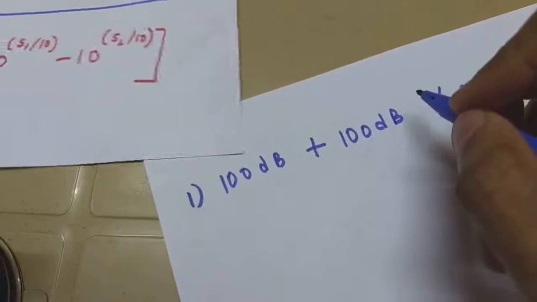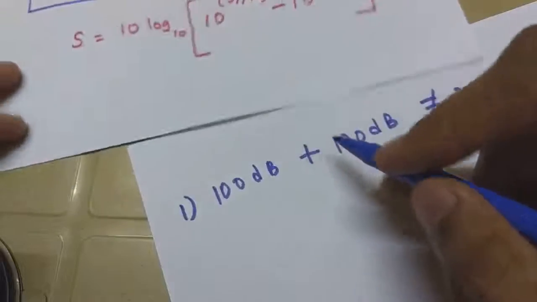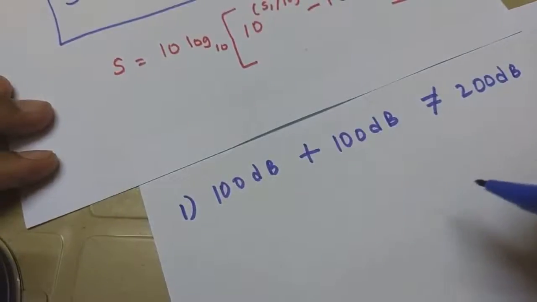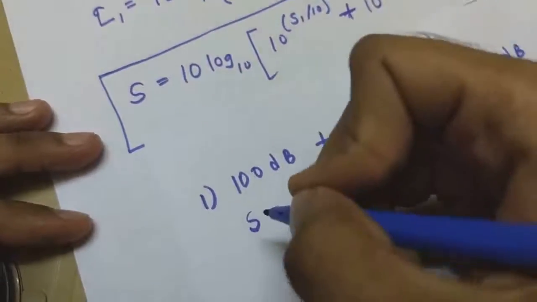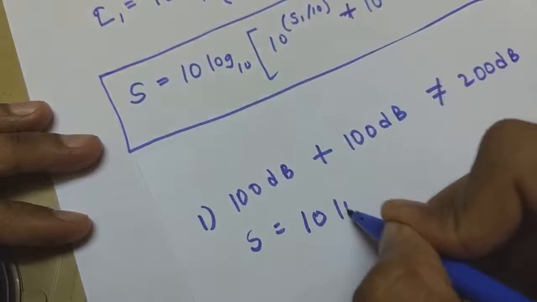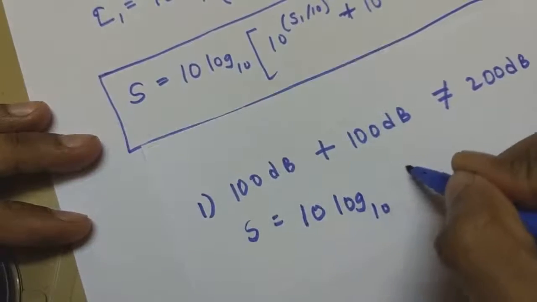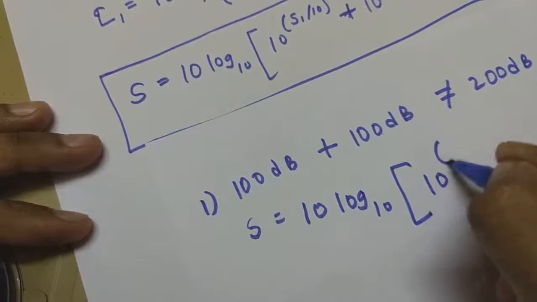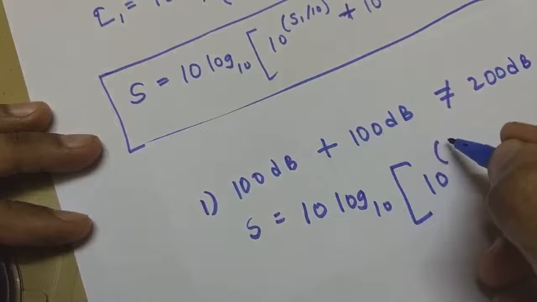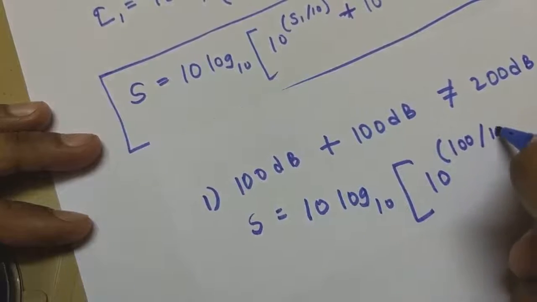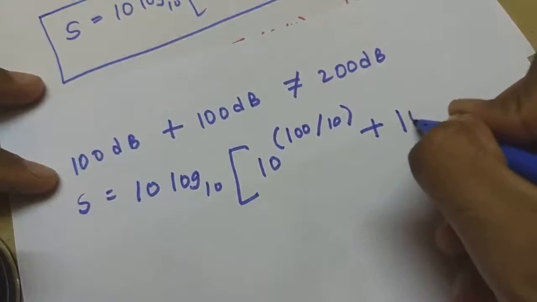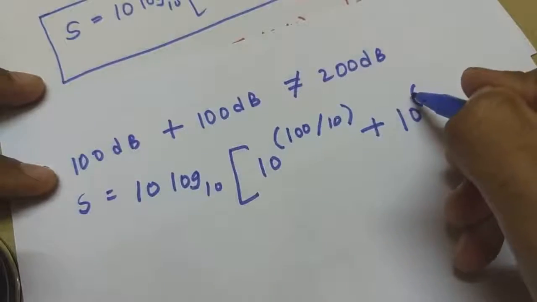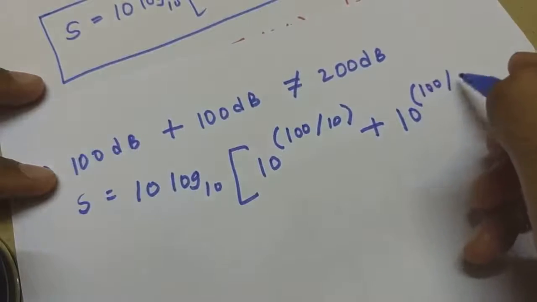Let's perform this logarithmic addition using this equation, and then for the other examples I'll just write down the value. So s equals 10 log to the base 10 of 10 power s1, which is 100, so 100 by 10, plus 10 power s2, which is also 100, so 100 by 10.